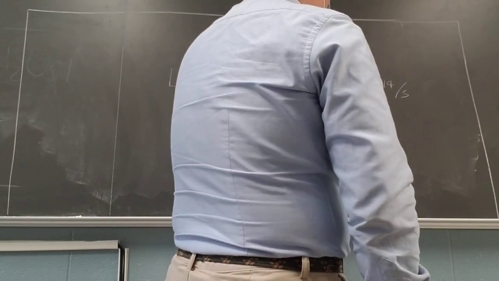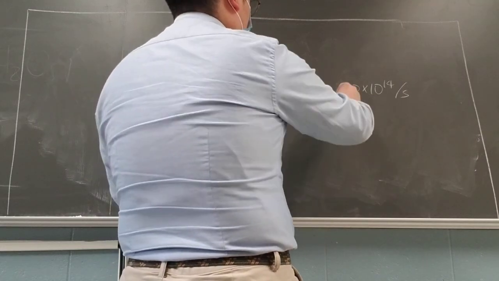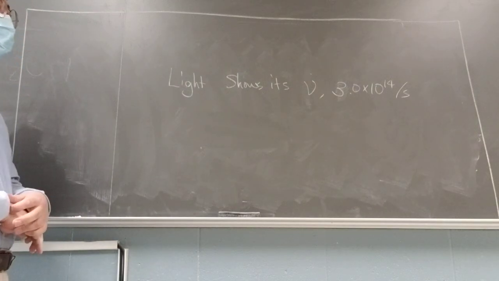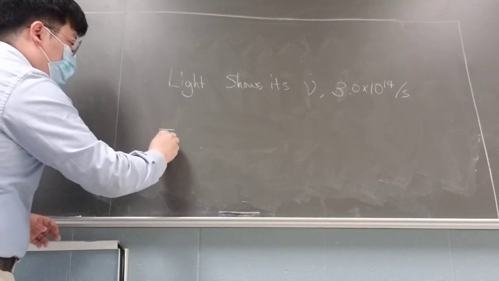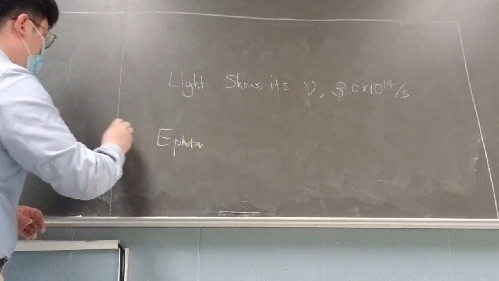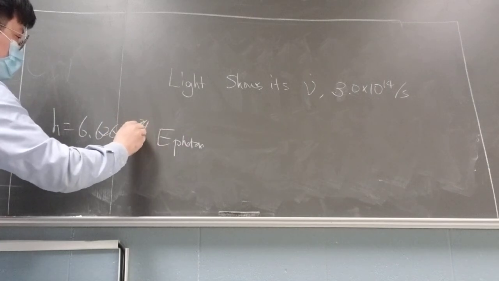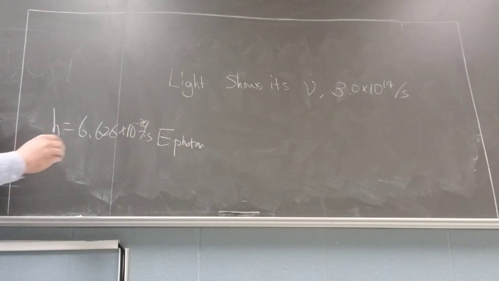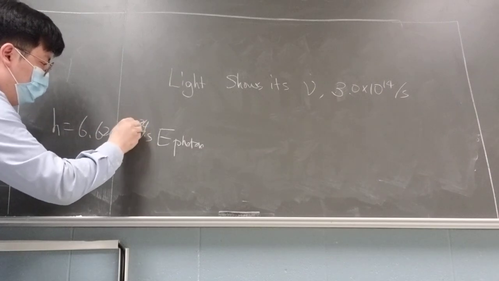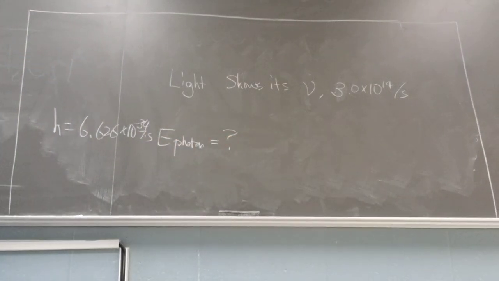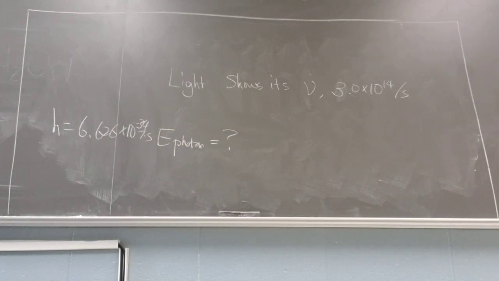So maybe you can try this one. What's the one photon energy? And the Planck constant is 6.626 times 10 to negative 34 joule times second. My writing is not so good today. It takes about 2 or 3 minutes.